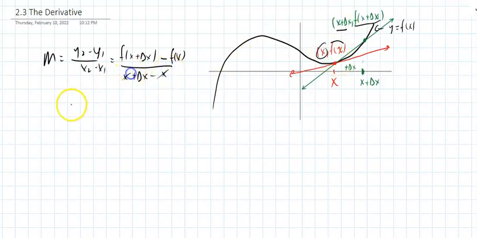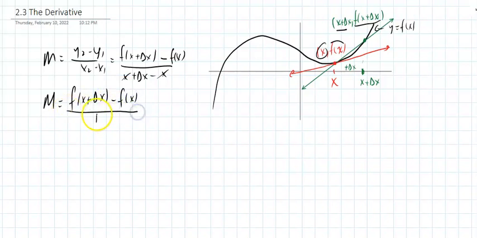The x's cancel out, so I'm getting the slope of the secant, as secant means a line that crosses a curve at 2 points. But if I find the slope of this line, that's really the slope of the green line. You'll say, wait a minute, the slope of this line is not the same as this line.